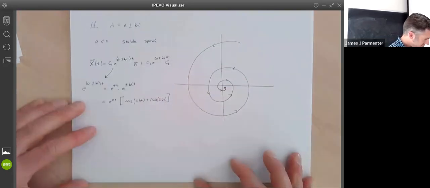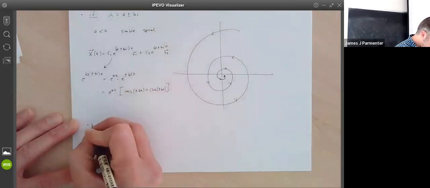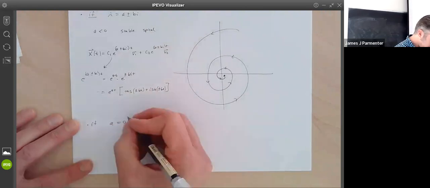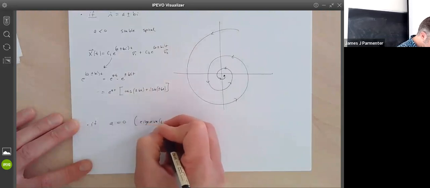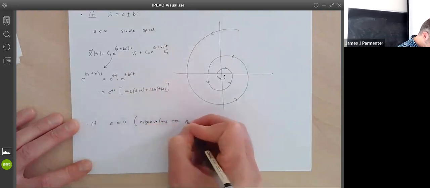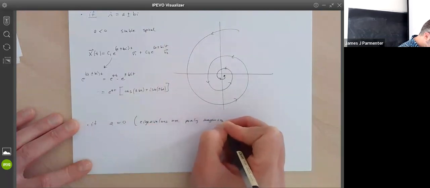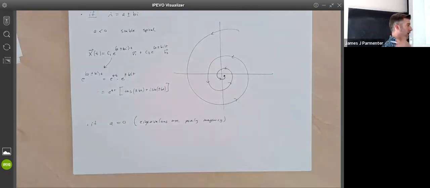Finally, the last thing: if A is equal to 0, meaning your eigenvalues are purely imaginary, then we have what we call a center, meaning it's just going to circle back around on itself.